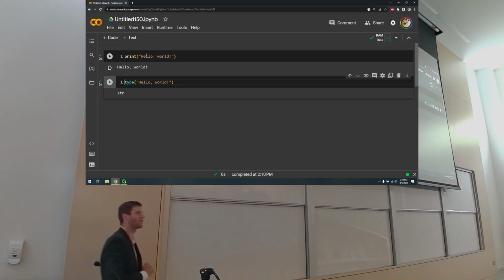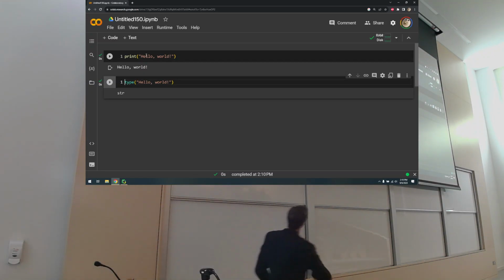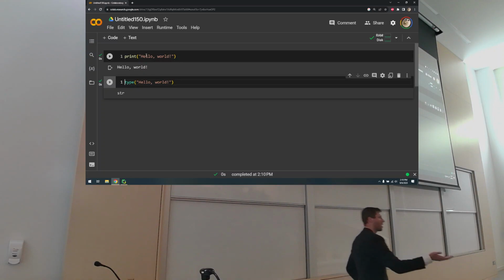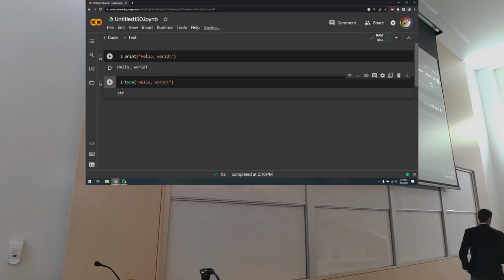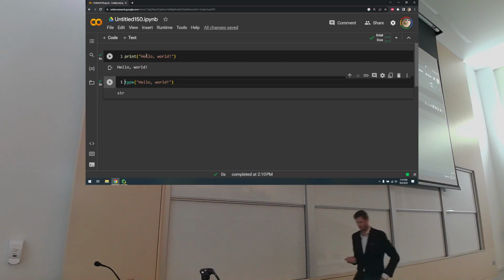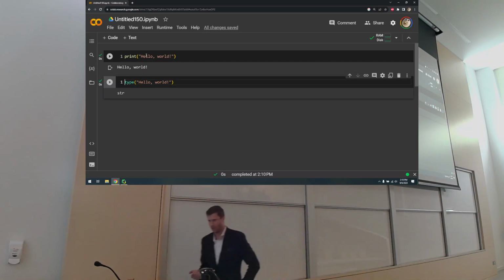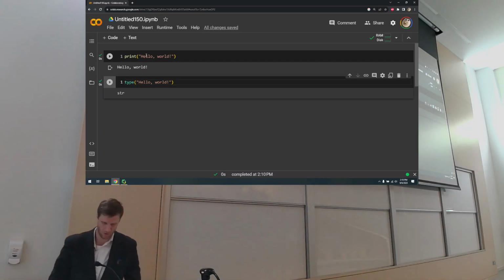I can ask Python, what was the type of this thing? And it says str. What does str mean? It means string. I guess writing out string is just too difficult, so they shortened it to 3 letters. So it actually has a type. Now that's just the string hello world. But there must be other types.